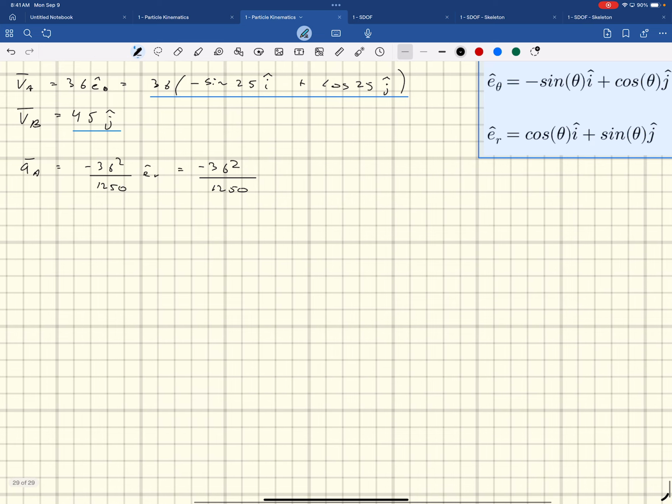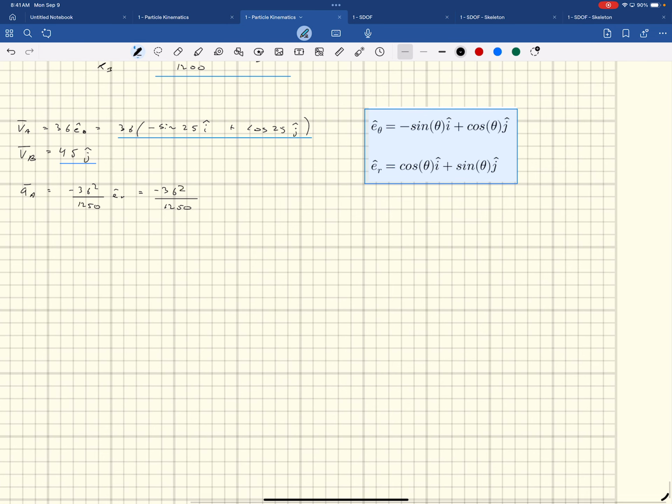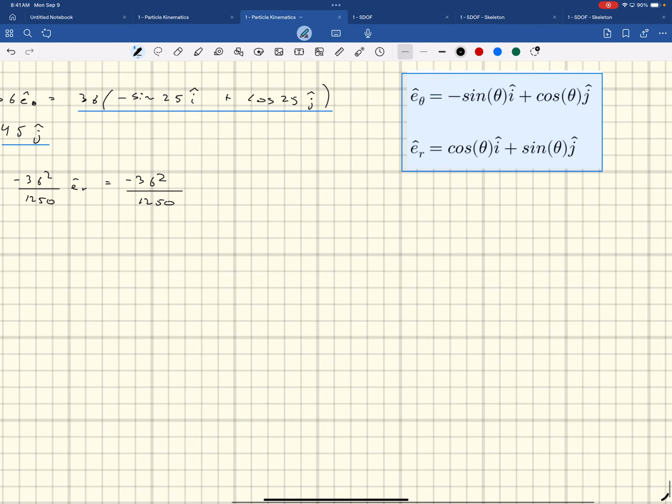And then instead of writing e r, I just write this. Okay? Let's write that. e r would be cosine 25 in the i plus sine 25 in the j.